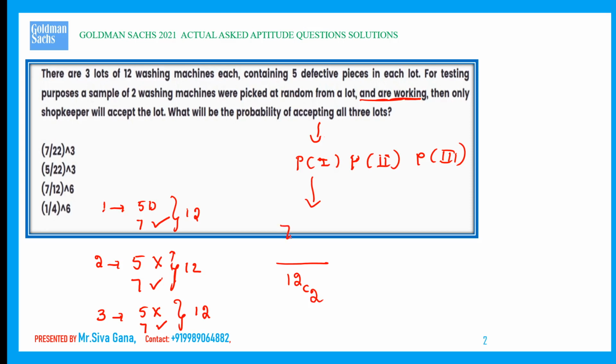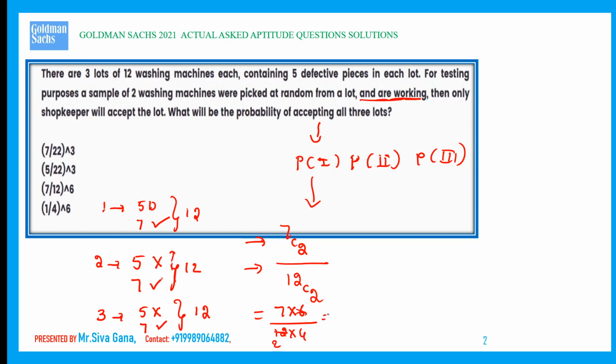There are 7 working, we need 2, that is 7C2. Favorable cases divided by total cases. 7C2 is nothing but 7 into 6 by 2, divided by 12C2.